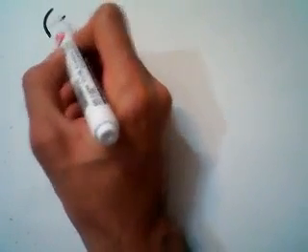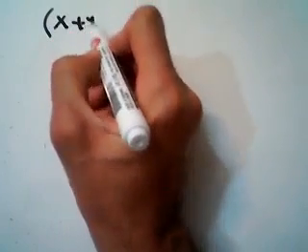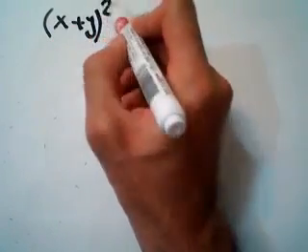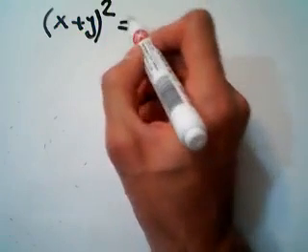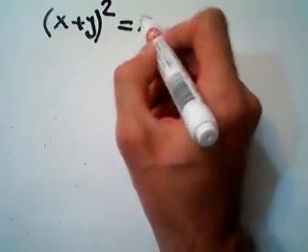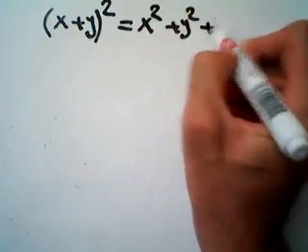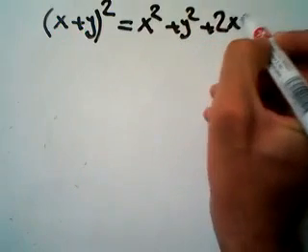Its general form: x plus y squared equals x squared plus y squared plus 2 times x times y.